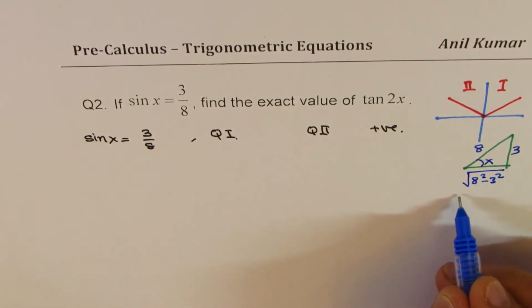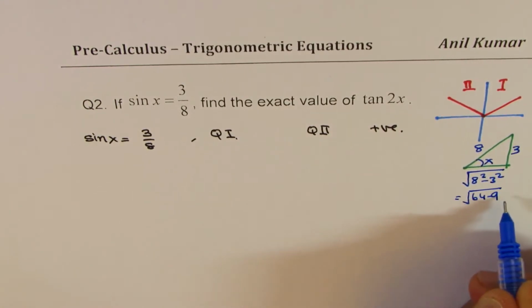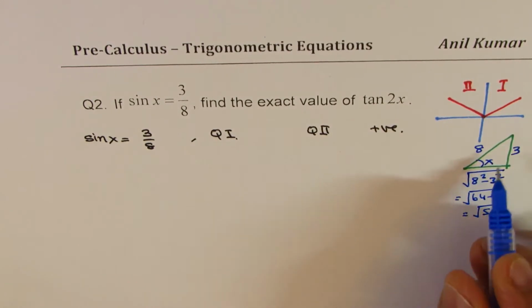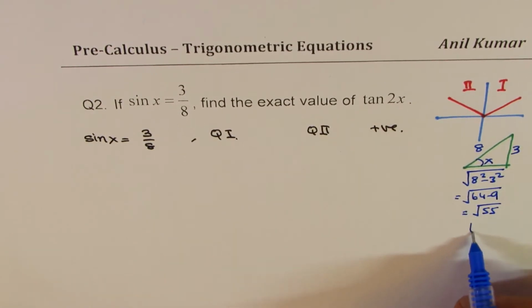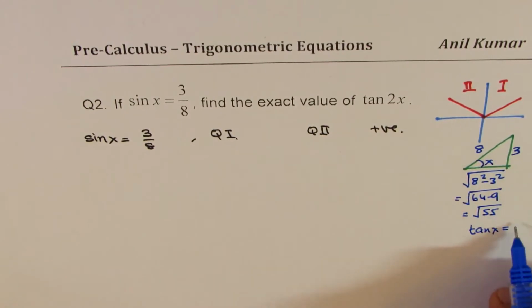Which is equal to square root of 64 minus 9, which is square root of 55. So that means if you are in quadrant 1, in that case tan x is equal to 3 over square root of 55.